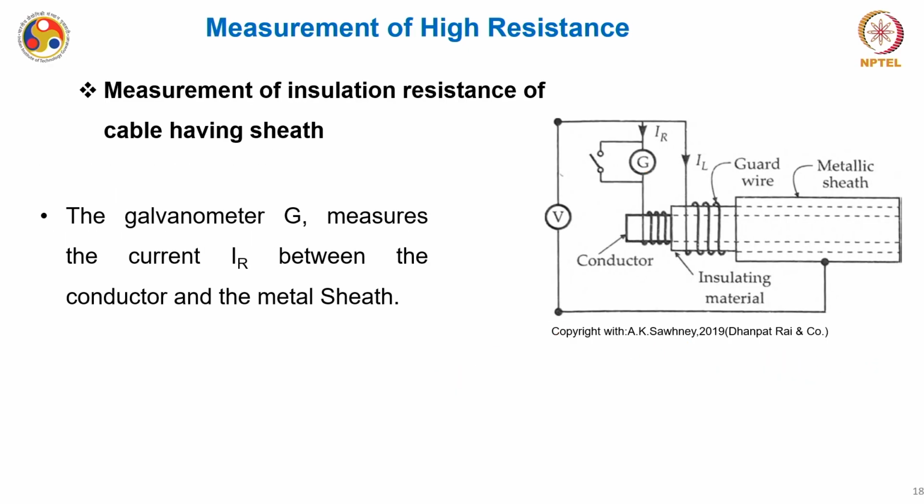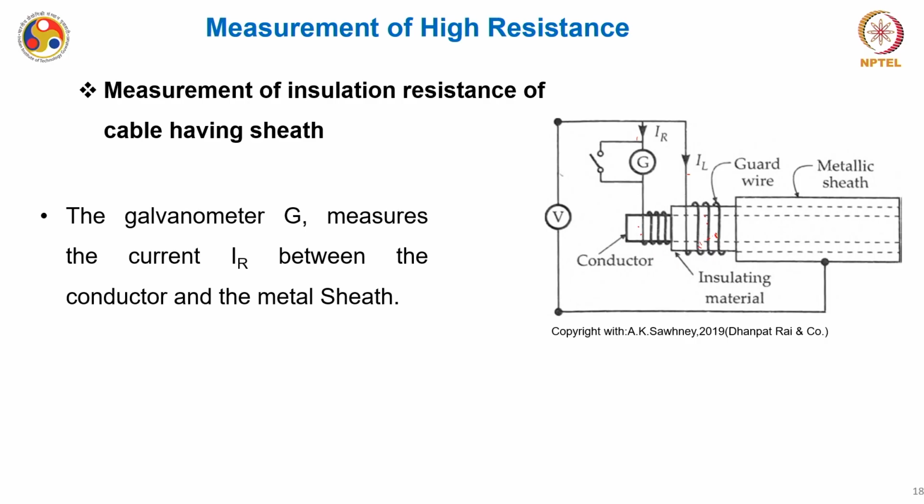Now if you see very carefully, I have connected this galvanometer here with the conductor, while this I am calling a guard wire, and from the guard wire you have this leakage current flowing. Please note that this guard wire, similar to what we have seen in the guard circuit, is wrapped on the insulating part of the wire and not on the metal sheath or on the conductor.